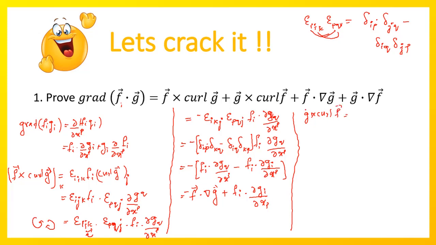This will also give you a similar equation, that is f dot del g, this will give you minus of g dot del f plus g_i into dou f_i by dou x_p.